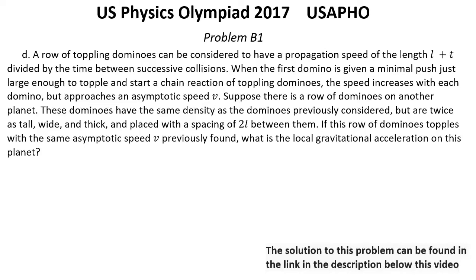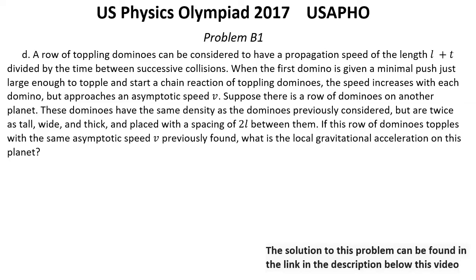Suppose there is a row of dominoes on another planet. These dominoes have the same density as the dominoes previously considered, but are twice as tall, wide and thick, and placed with a spacing of 2L between them.